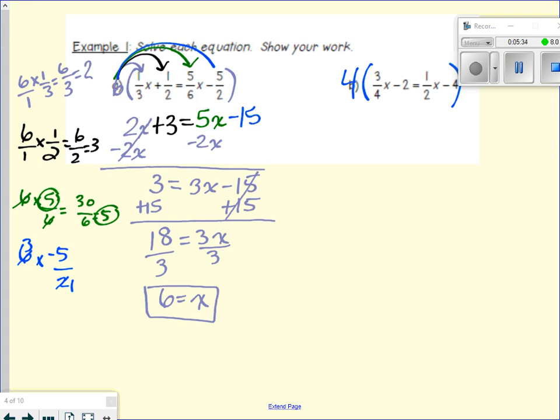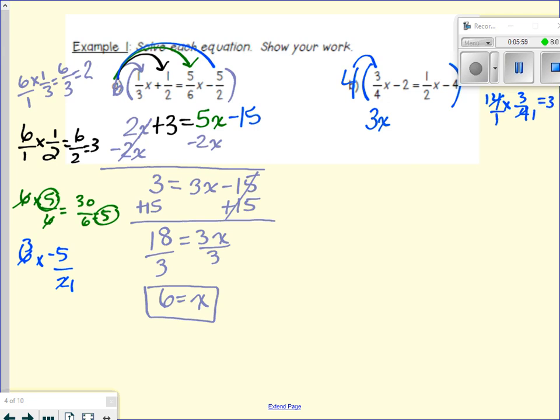Again, we're just going to multiply everything inside the parentheses. So 4 times 3/4 x: the 4 and 4 cancel out, so we're left with 3 times x. They do simplify out, and you're just left with 3x.